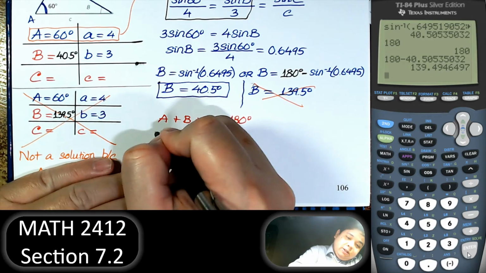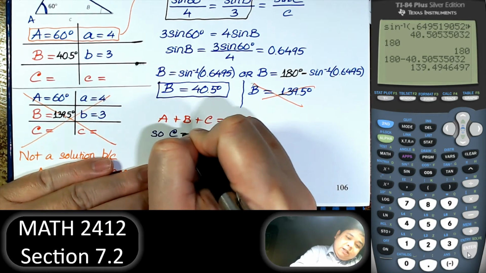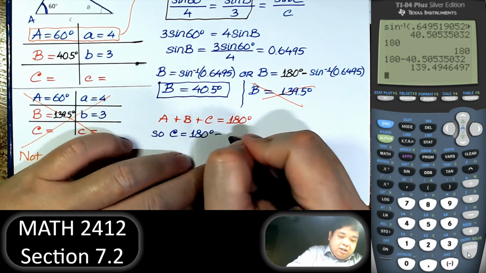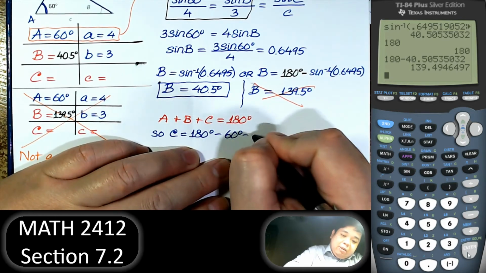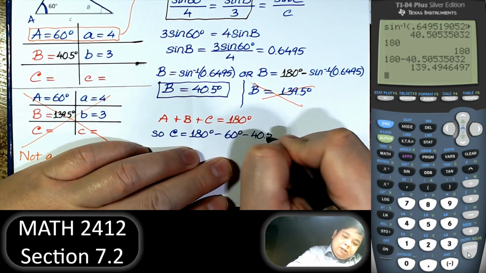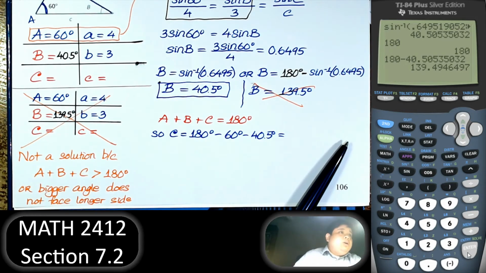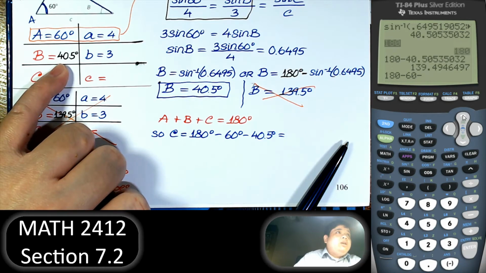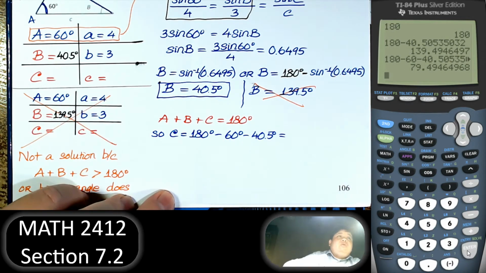So angle C is 180 minus A and minus B. So 180 minus 60 and minus angle B, 40.5. Right, so we have 79.5 degrees.